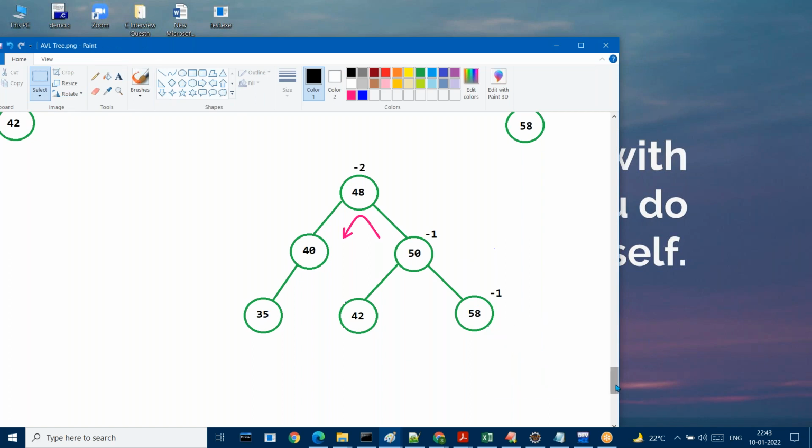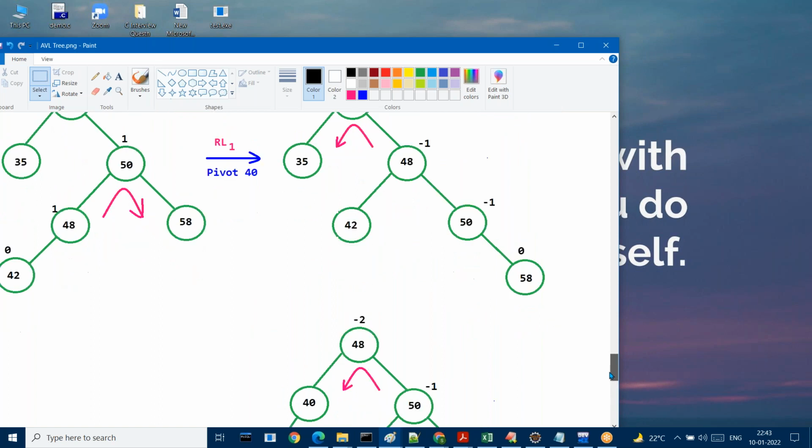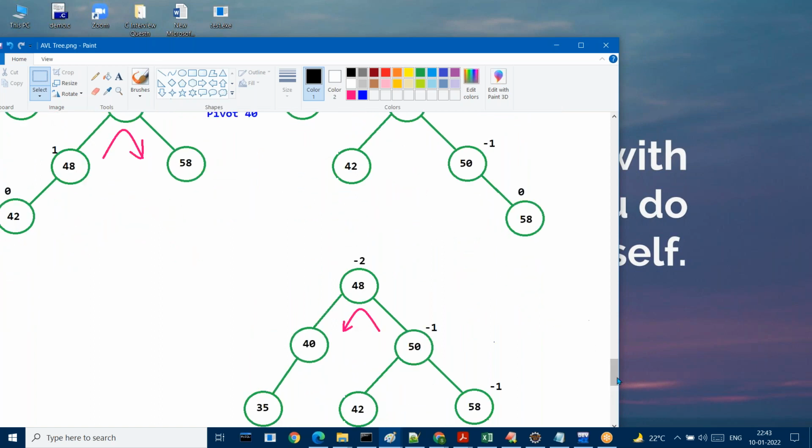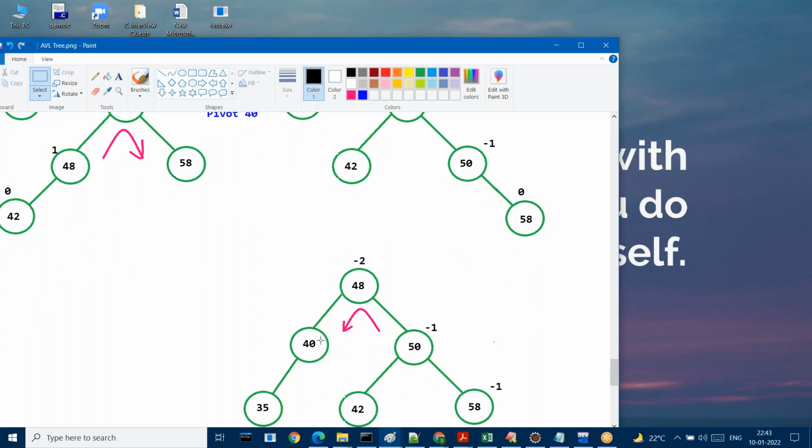Tell me, guys, there is a problem with a node. Which node? 42. Sir, 42 was the left child of 48. But currently the left child of 48 is what? 40.